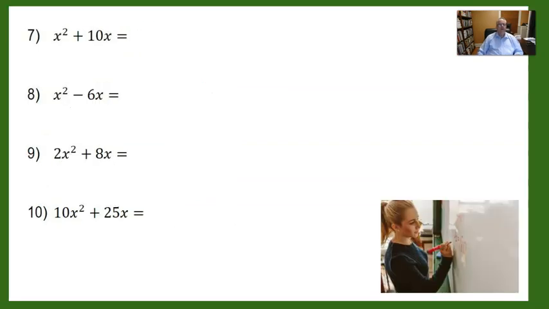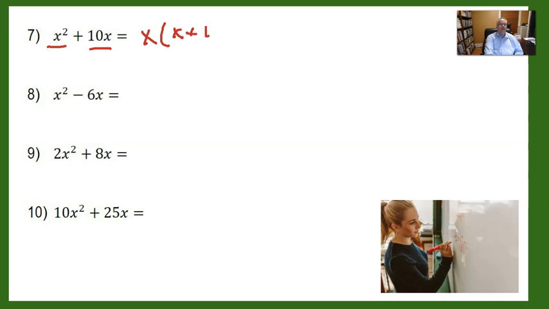Okay, doing pretty well. When we're looking at these and thinking what we could divide by, both these terms have at least one x. We can divide them by x. So I can write this as x times, well, I need another x here, so that x times x is x squared.